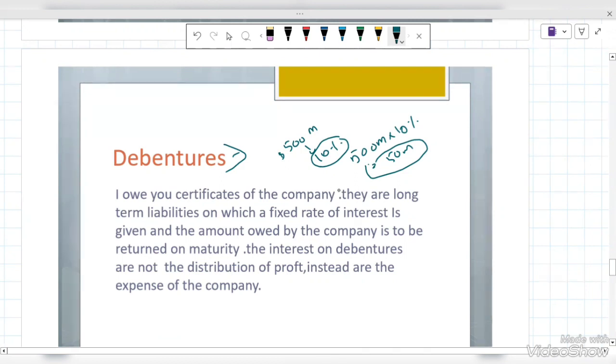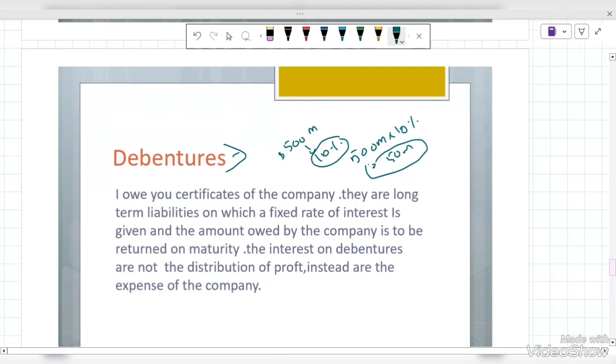Like if you don't want to make anyone a part of your business, or if you don't want to share your profit as dividend with the shareholders, whether ordinary shareholders or preference shareholders, you can go with debentures.